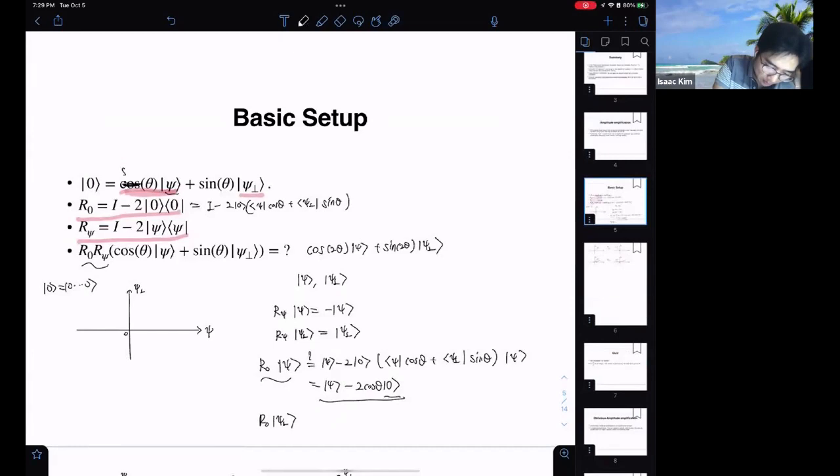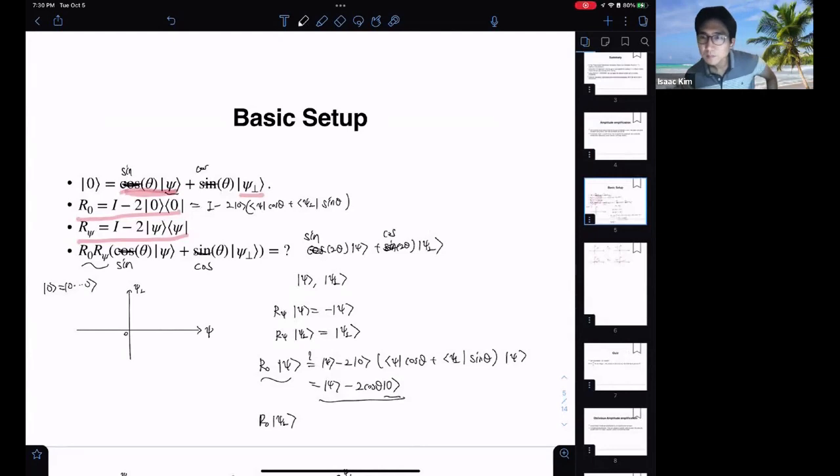Thank you for pointing this out. This is sine, and this is cosine. Yeah, good. I believe this is correct, but in the next lecture, let me just make sure that everything is correct and notify everyone.